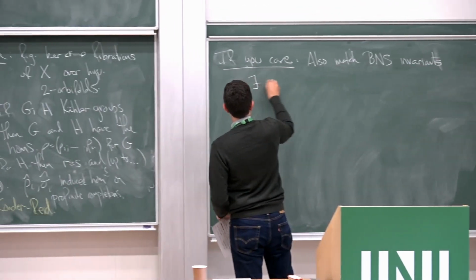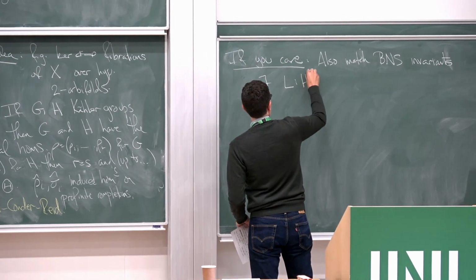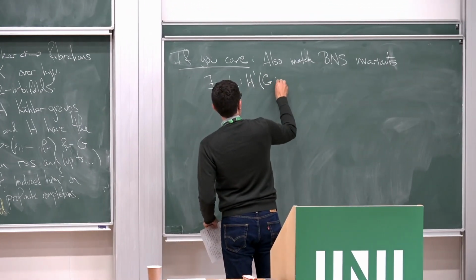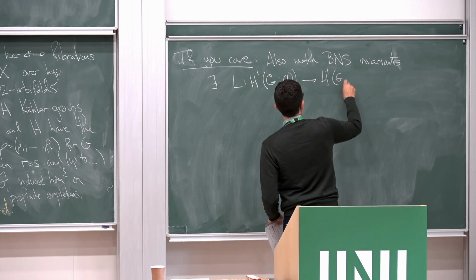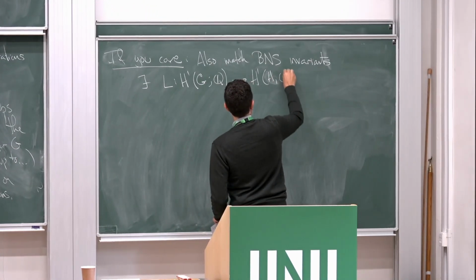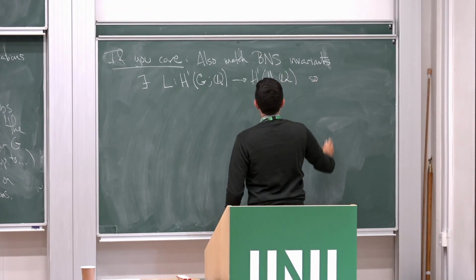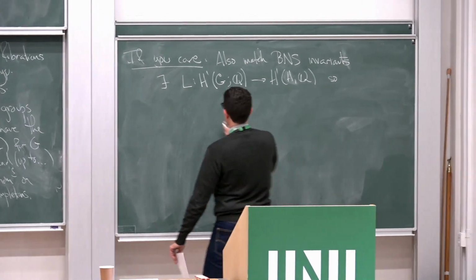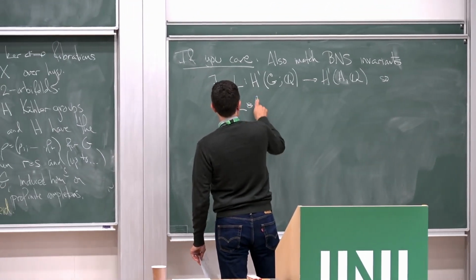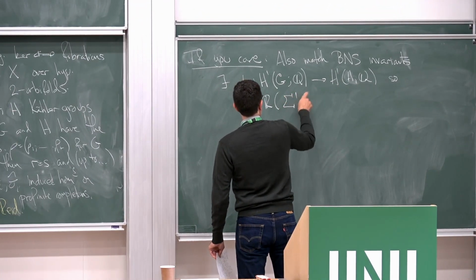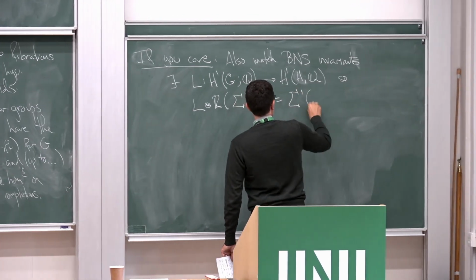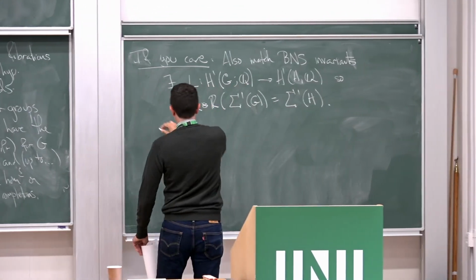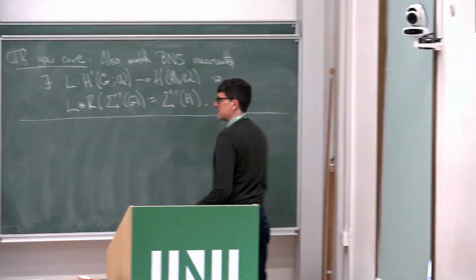So there exists a linear isomorphism on the rational first cohomology, so that when you tensor with R, the BNS invariant for G matches the BNS invariant for the other group. Okay, I'm not going to go into that.